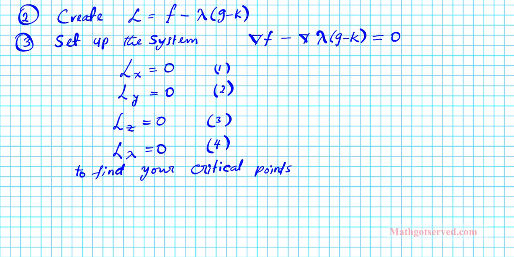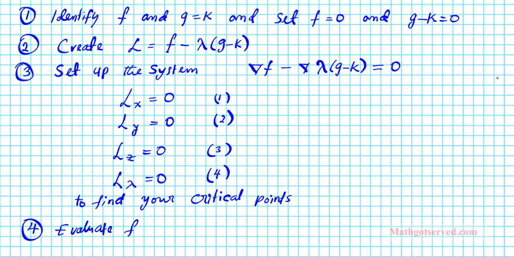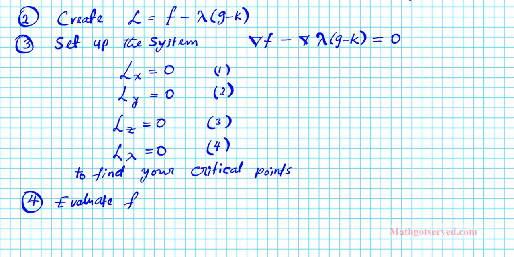Now, after you find your critical points, how do you classify the extrema as a max or a min? What you do lastly is evaluate your objective function f at your critical points. The critical points you found for x, y, and z, you plug them into your objective function, which is the original function f. The biggest one is, of course, your max, and the smallest one is your absolute min.